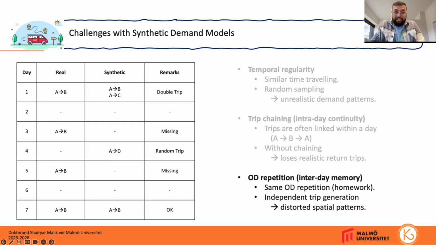So these three missing behaviors that we have discussed up till now, the timing, the OD memory, and the chaining, are what we address in our modular framework to generate the synthetic demand and then plug it into simulations to see what happens when we change the parameters. Next I'll show you this in detail.